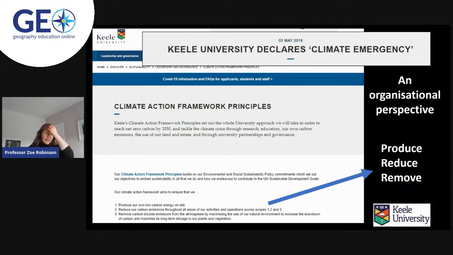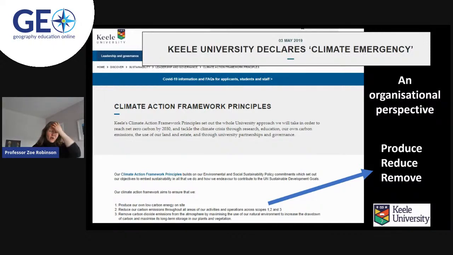Now, this is also being tackled at the organisational scale. I'll just reference my own organisation where I work, Keele University. We were one of the first universities to declare a climate emergency, back in May 2019, and to say we had a commitment to reducing our emissions to net zero by 2030. That's really ambitious.